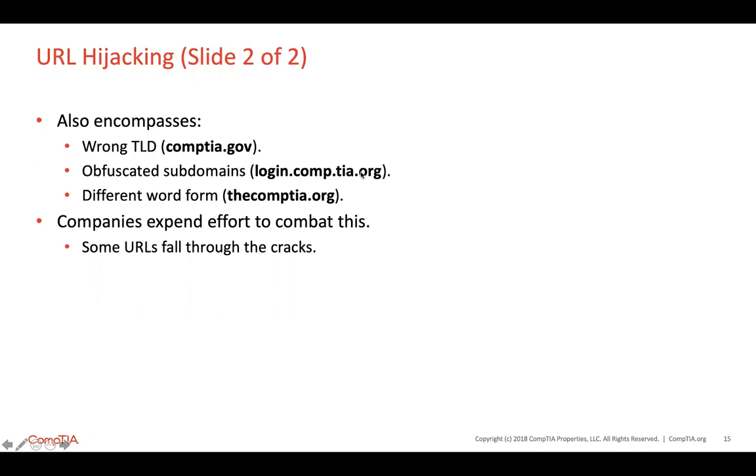They bought the TIA.org domain, and login.comp is actually just the subdomain. People see that and it looks like login.comptia. If you don't pay attention to the period dividing the P and the T, you may view that as one complete word.